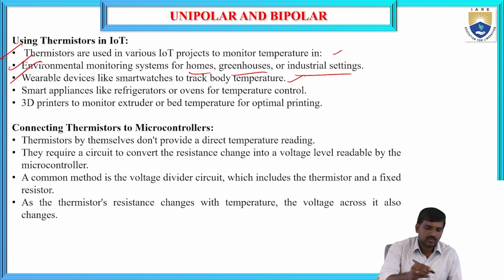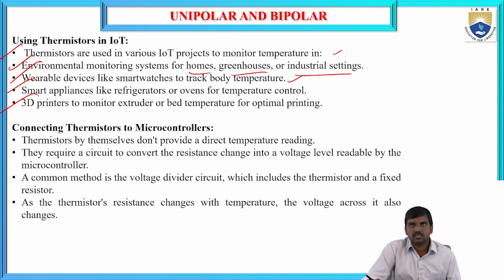And smart appliances like refrigerators or ovens for temperature control also. 3D printers also use them to monitor the extruder or bed temperature for optimal printing. So these are the uses of thermistors in IoT.